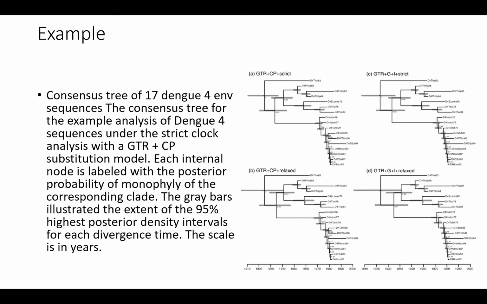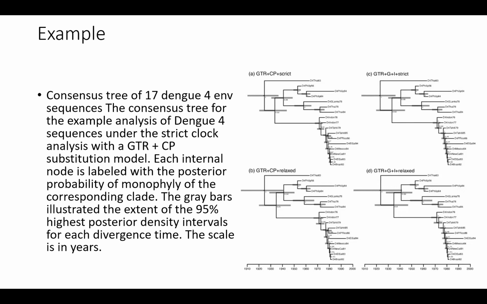Here you can see an example where we analyzed 17 sequences of dengue virus serotype 4 from 1956 to 1994 using BEAST under both a codon position-specific model, GTR plus CP, and a standard model, GTR plus gamma plus I. Both of these models have the same number of parameters.